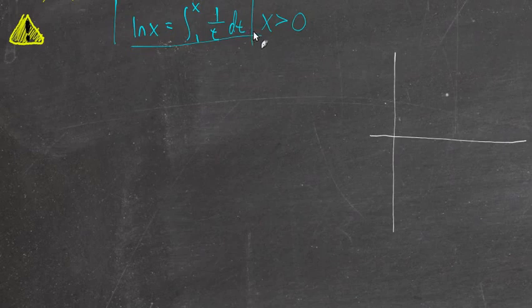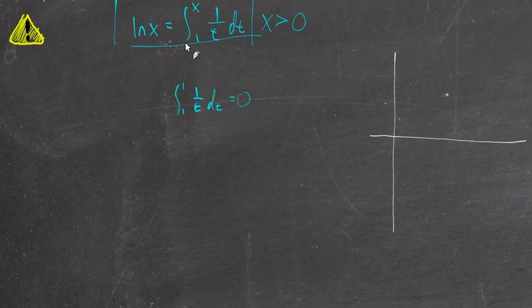So if we were to look at the definite integral from 1 to 1 of 1 over t dt, well, we can think of this as the area under the curve of this function. Whatever this function even looks like, it doesn't matter. The area from 1 to 1 would be nothing. So this would be 0.